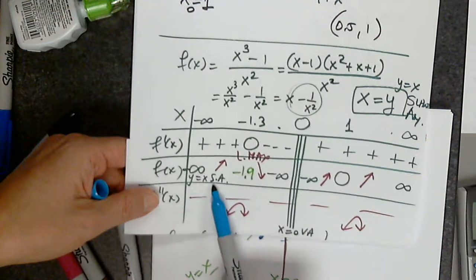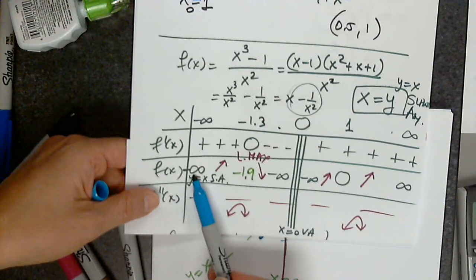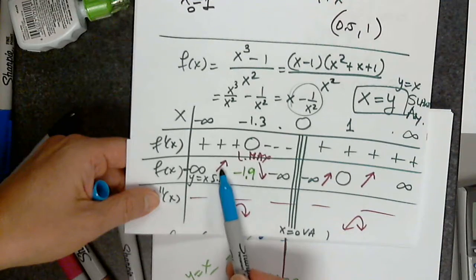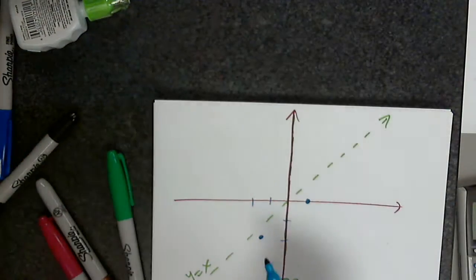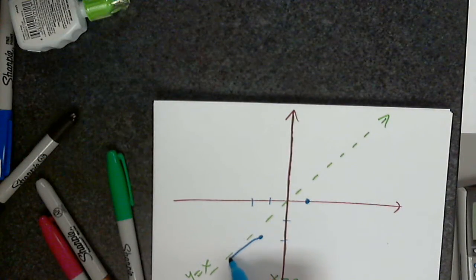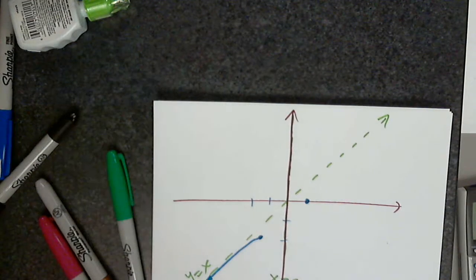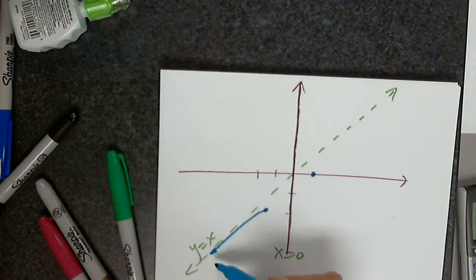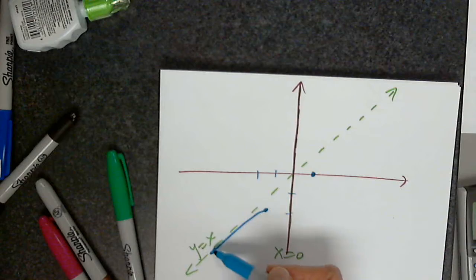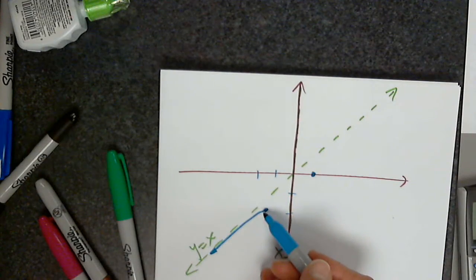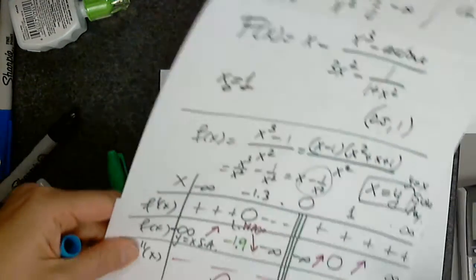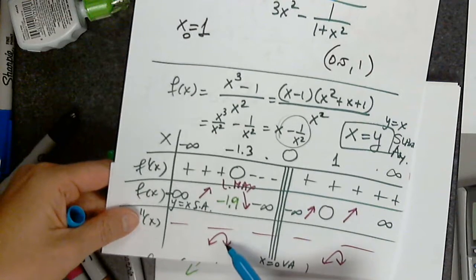Approaching the slant asymptote at negative infinity, the function is increasing to its local max, opening downward.